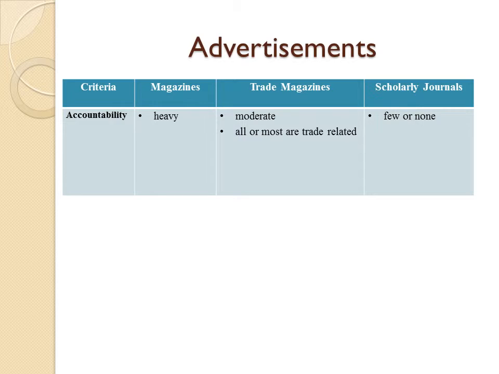So are there ads which focus on the profession, or does it not even have any ads, or just very few? With the trade magazines, they're going to be related to that profession, whereas scholarly journals have few, if any, advertisements.